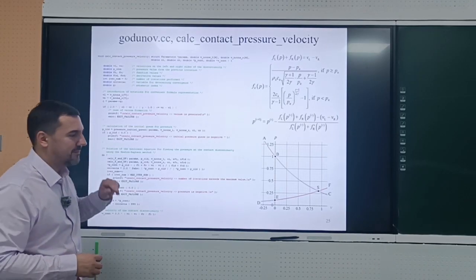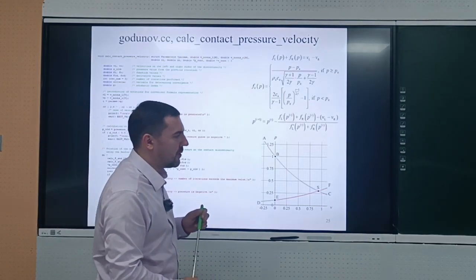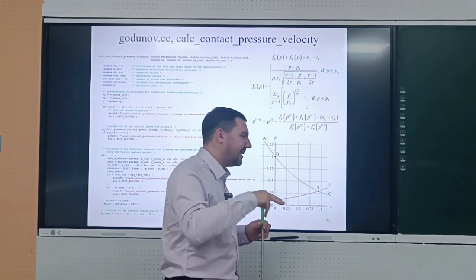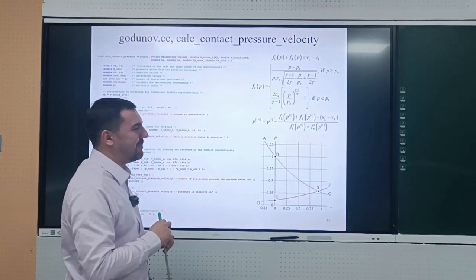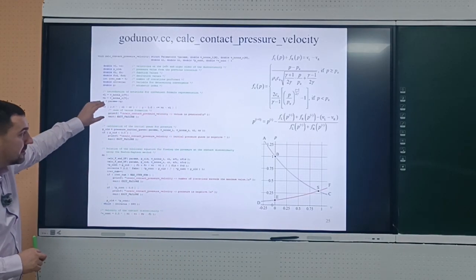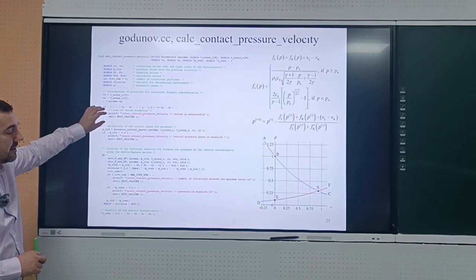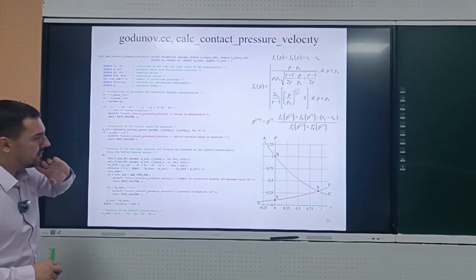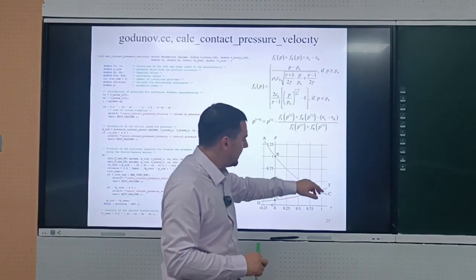So if something doesn't work in the program, you can do cutting and cut some bad parts of your solution. Anyway, we should check if the solution exists. It can also be seen using this PV diagram.